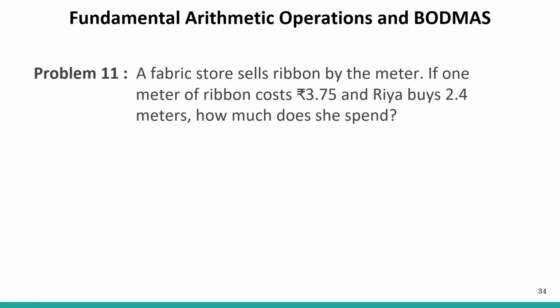So 1 meter means 3.75 rupees. So 2.4 meters means 3.75 into 2.4. That is nothing but 375 by 100 into 24 by 10.